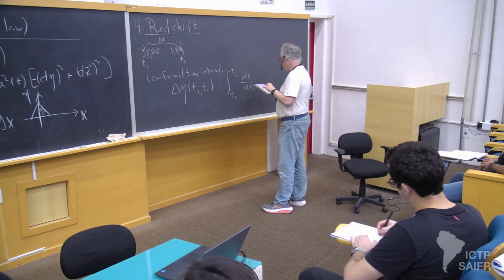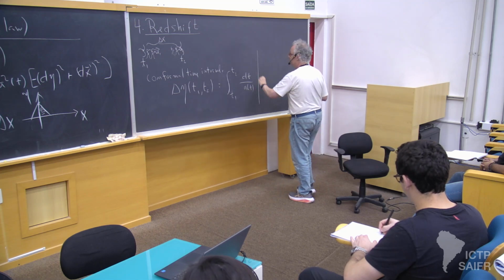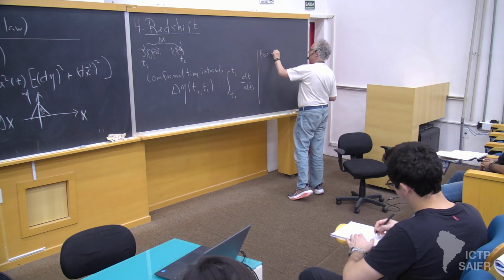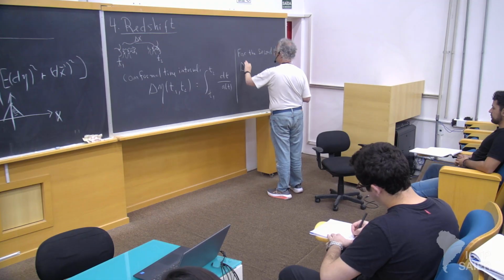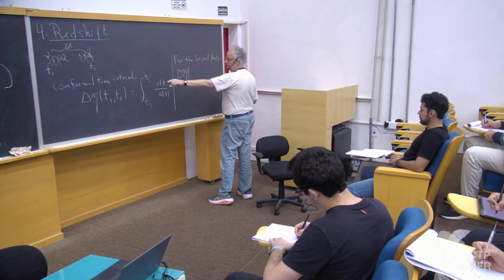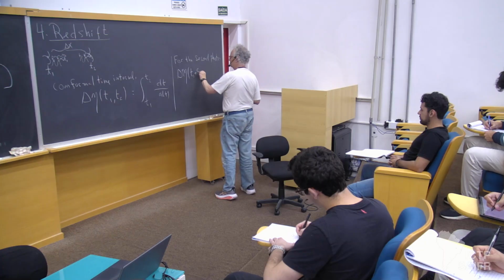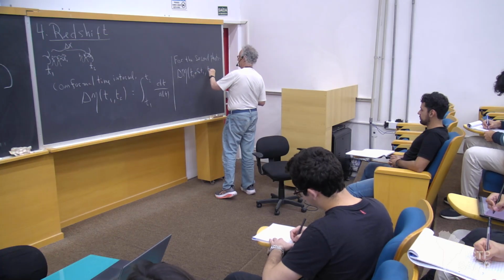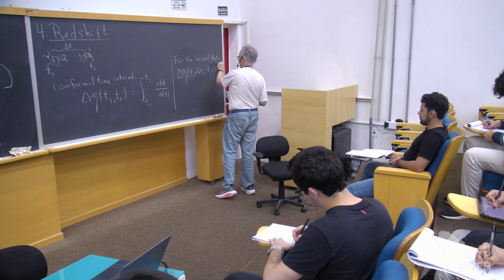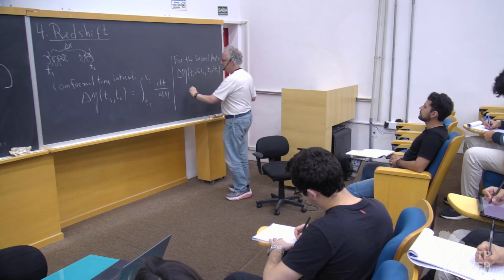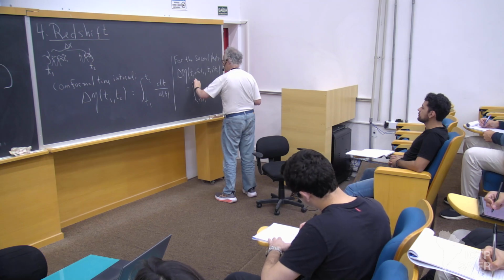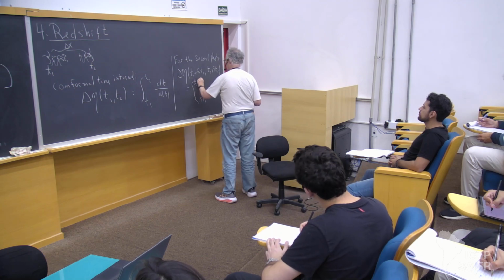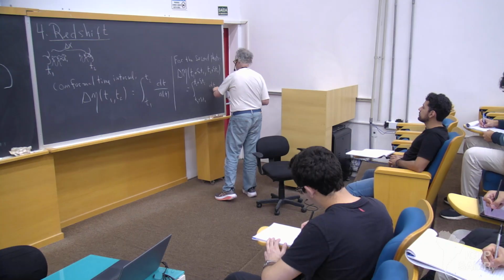Now, the conformal time interval for the second photon is delta eta of t1 plus delta t1, t2 plus delta t2, right? Which is just the integral from t1 plus delta t1 to t2 plus delta t2 of dt over a of t.